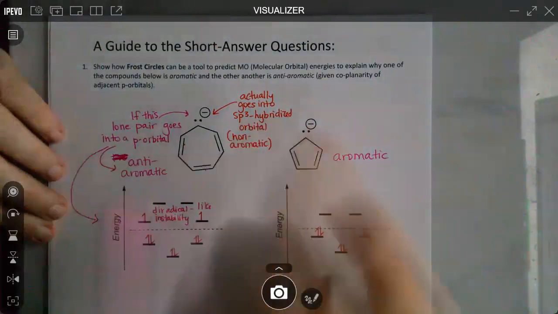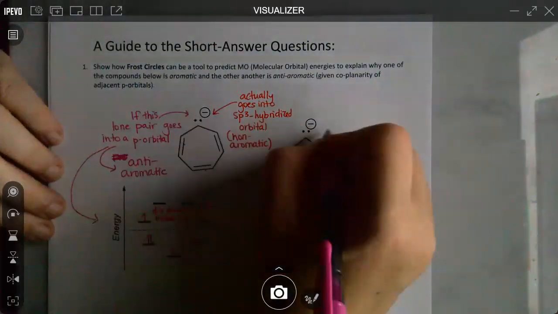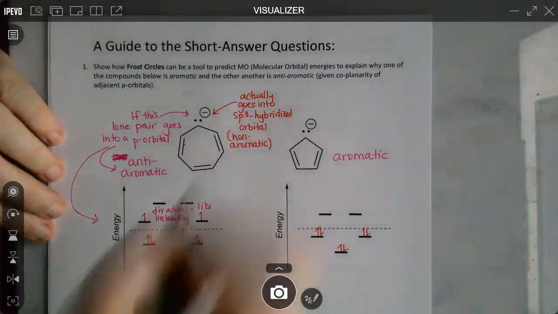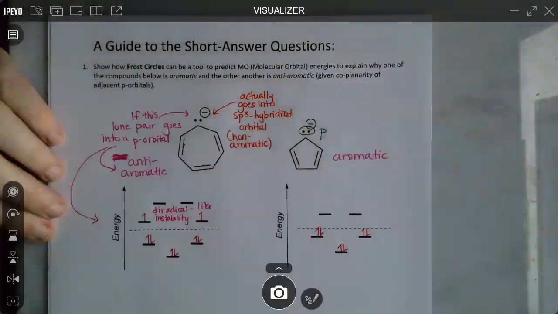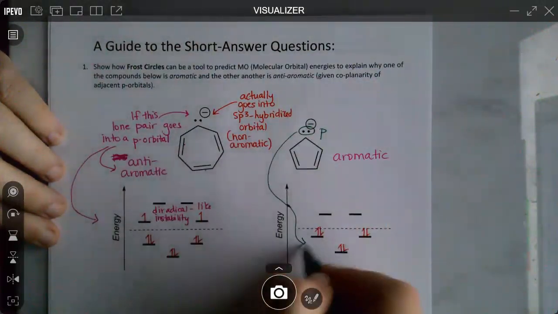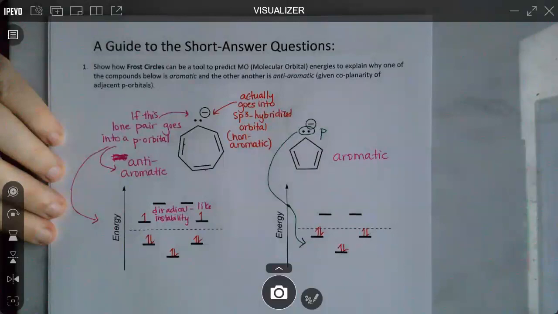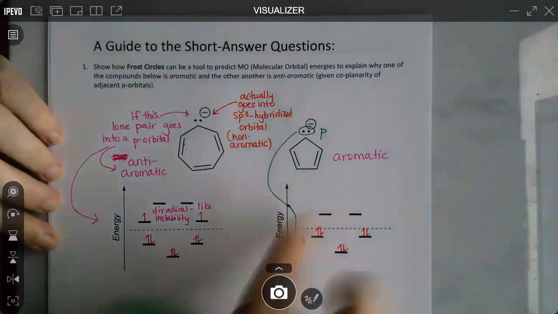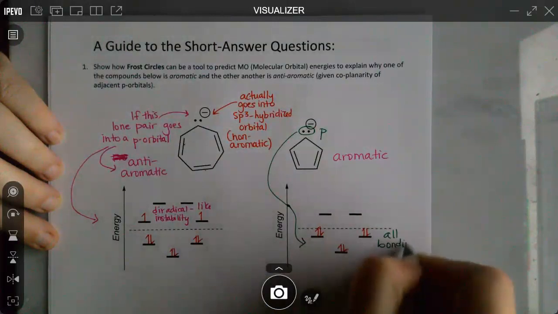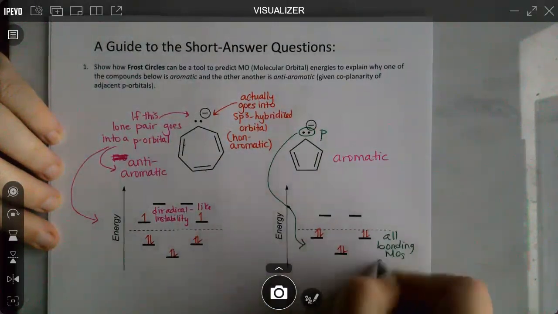Whereas this one will definitely go into a p orbital, and as a result of it going into a p orbital, we get a nicely stable system with all of the bonding MOs filled.